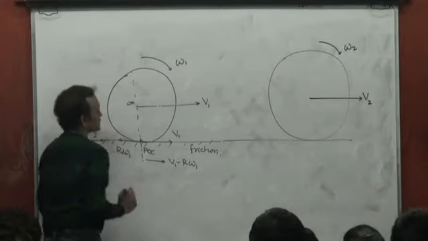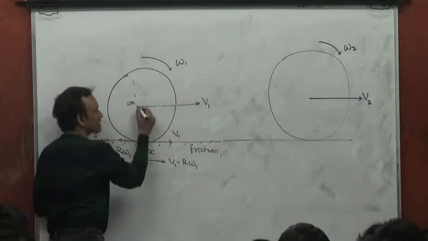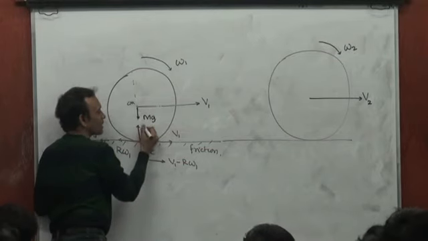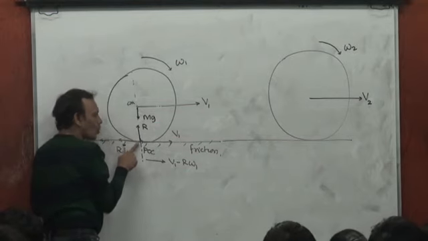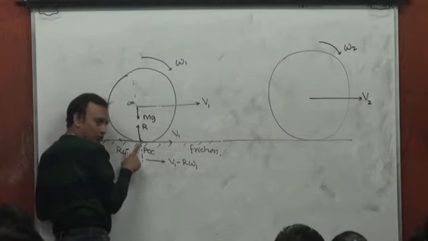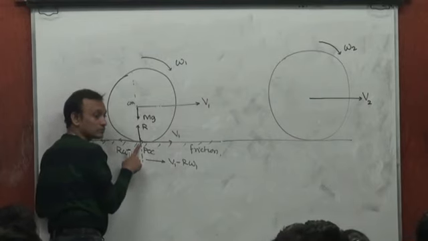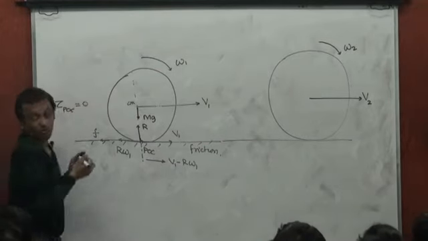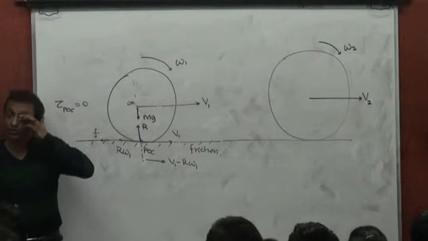Do you realize that at the point of contact, what are the forces acting? Mg downwards, normal reaction R upwards, and there is frictional force. All the forces pass through the point of contact. So what's the net torque about the point of contact? Zero. About the point of contact, net torque is zero.